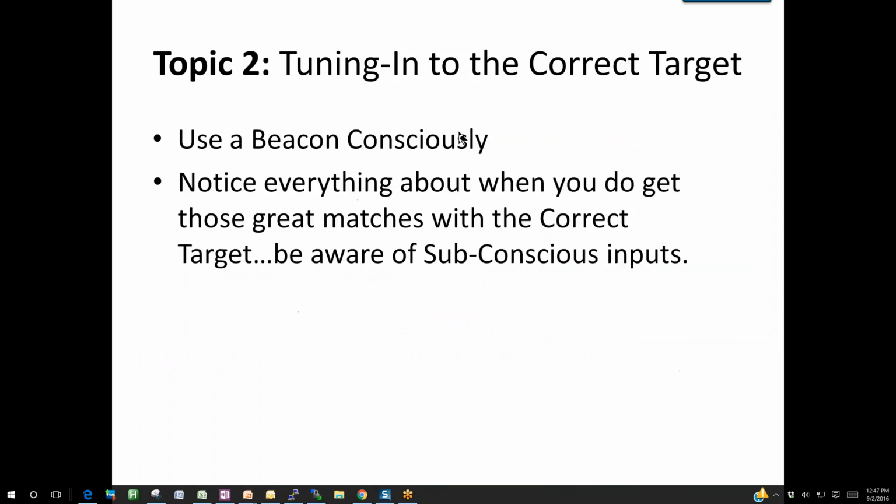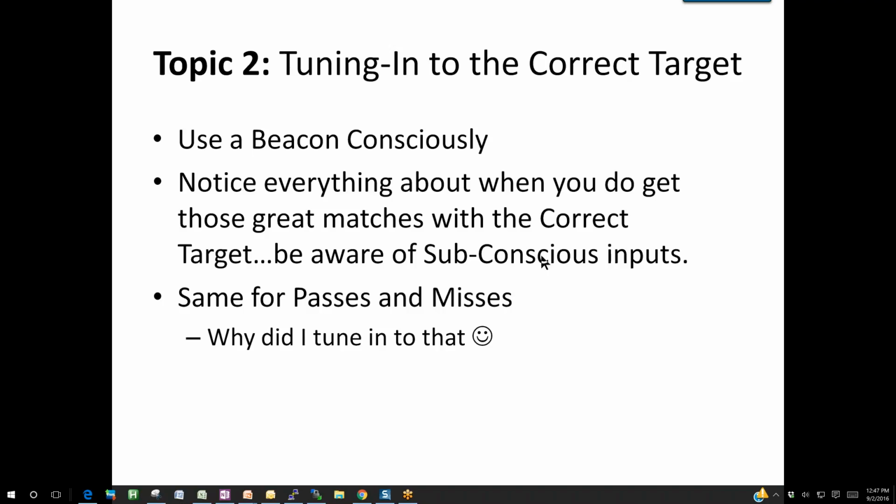So use your beacon consciously. And what this means is you're getting stuff from your subconscious and you're becoming well aware of that. You're well aware at feedback time to those great matches, with the correct target at feedback time.